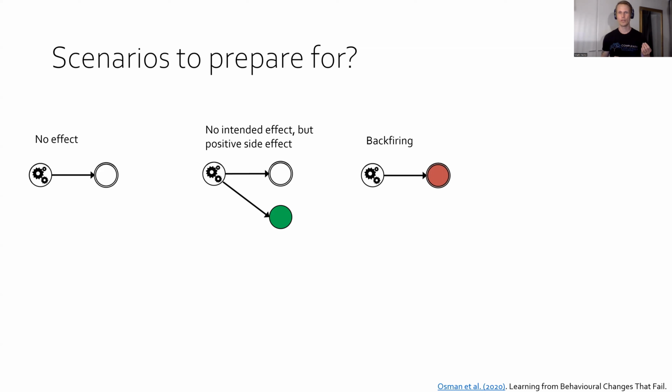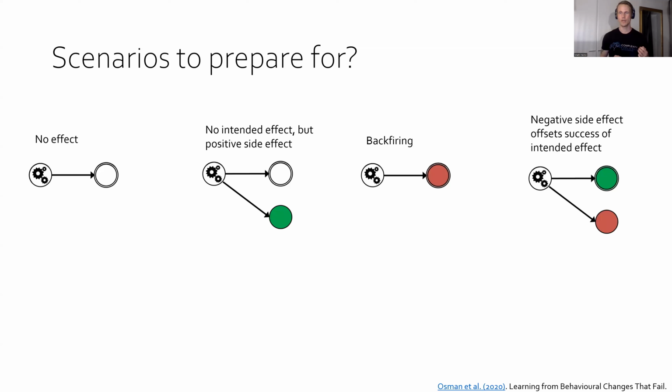The program might end up backfiring, so it produces the opposite effect to what you wanted to create. There might be a positive effect, but it could be that there is a negative side effect that offsets this positive effect, and you end up in a plus or minus zero situation.